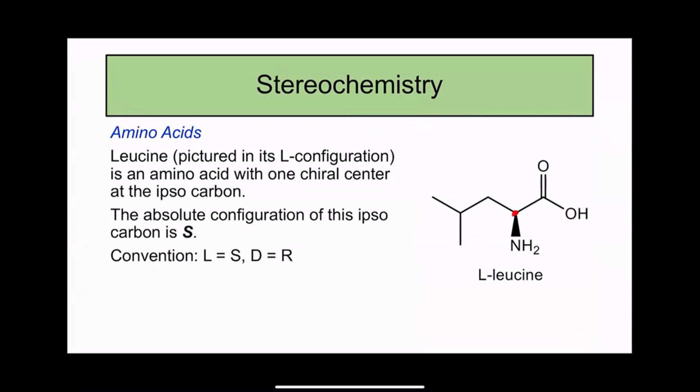And then using all of your Orgo 1 knowledge that you should remember, you will be able to figure out the stereochem, the absolute configuration of that carbon right there. And then just by convention, if you have an S configuration, you will be calling it an L amino acid. And if it is R, it'll be called a D amino acid.